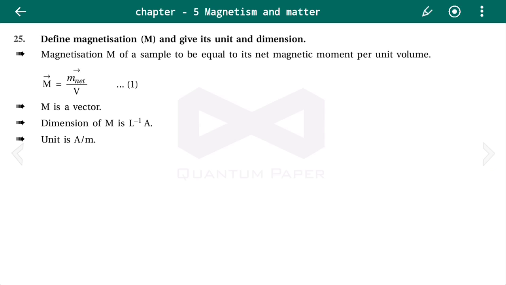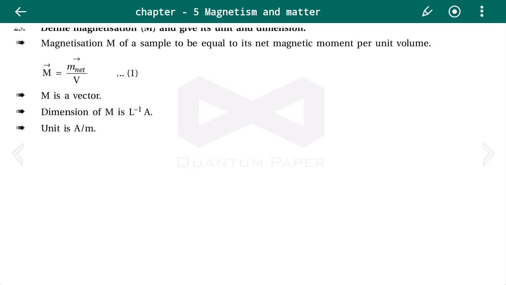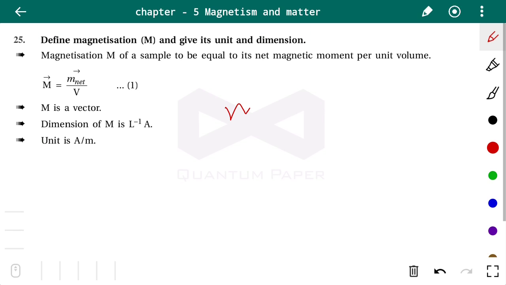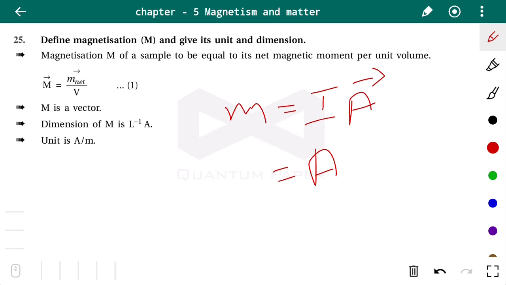Magnetization is a vector quantity, and its unit is ampere per meter. We know that the magnetic moment is equal to I times A vector, where I stands for current, so its unit is ampere, and A is the area vector, so its unit is meter square.